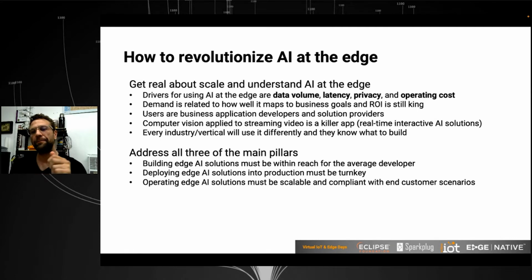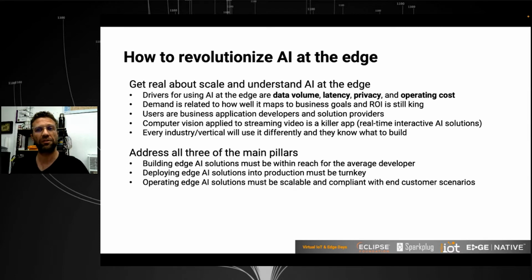And what I mean by that is if you deploy Edge operations into a customer site and you have to change their environment, such as add VPN connectivity or open ports to the outside world, you're very likely going to run into frictions with that customer at that deploy site, and it might even limit which customers are willing to accept your solution. So to operate Edge AI solutions, not only does it need to be scalable and ready and well-baked, but it also needs to have certain attributes that reduce the frictions to getting into customer sites.